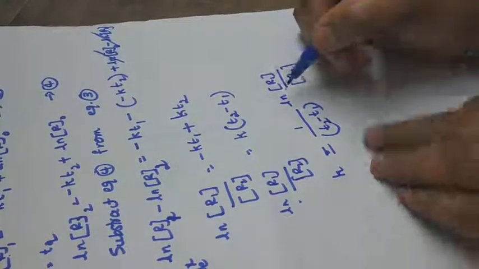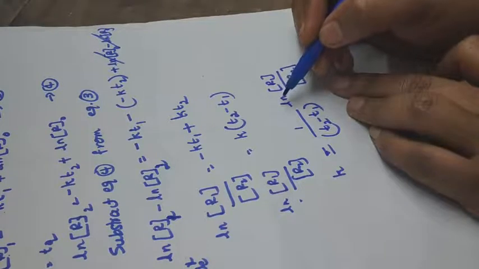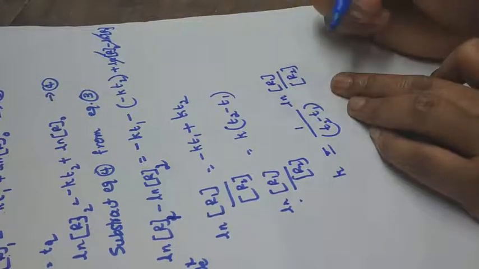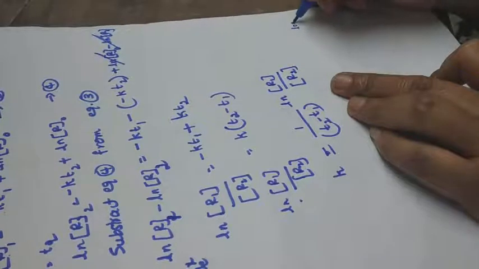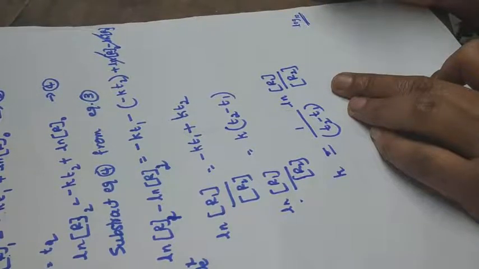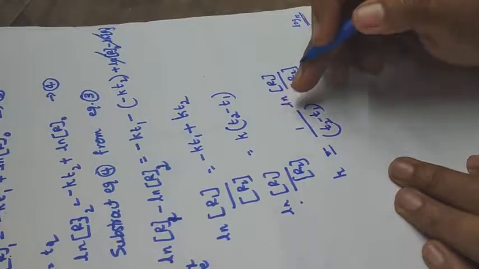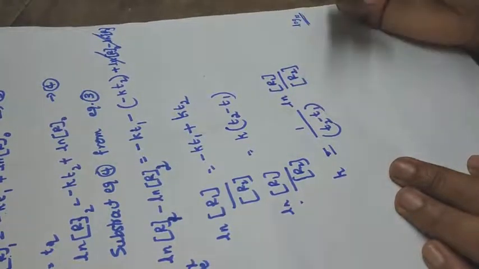If you want to write it in terms of log to the base 10, we have to multiply this with 2.303.